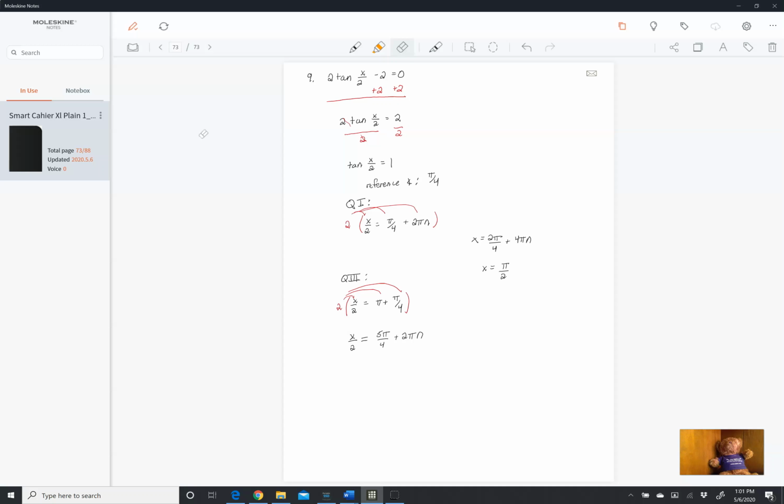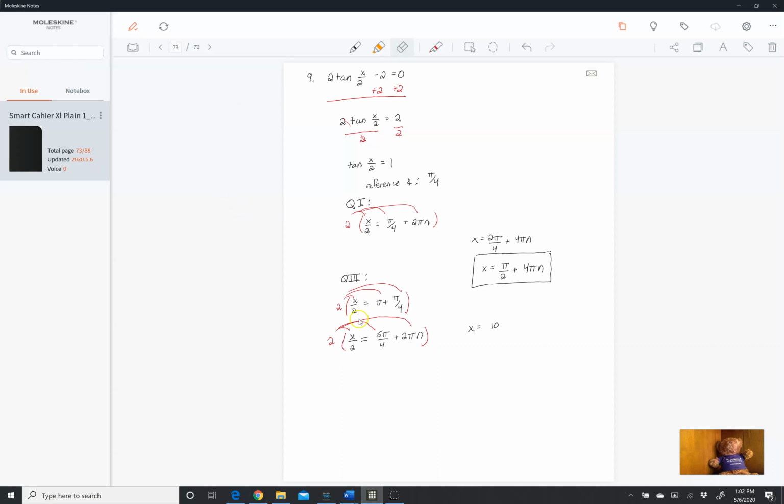Make sure that you reduce your fractions. This is your first solution. And if you have an interval, then obviously you just wouldn't have this 2 pi n, and your answer would just be pi over 2. Okay. Here, we get 10 pi, and I'm going to rewrite this down here too, because it's really this one that you're multiplying by 2.